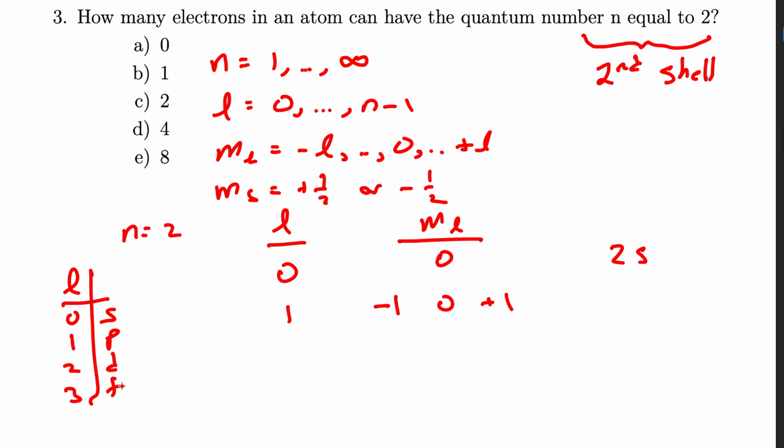And so you have a 2s and a 2p. Now, if we think about the number of orbitals, you have one M sub L value, means you have one 2s orbital. You have 3 M sub L values, so that's 3 2p orbitals. And so we have a total of 4 orbitals.